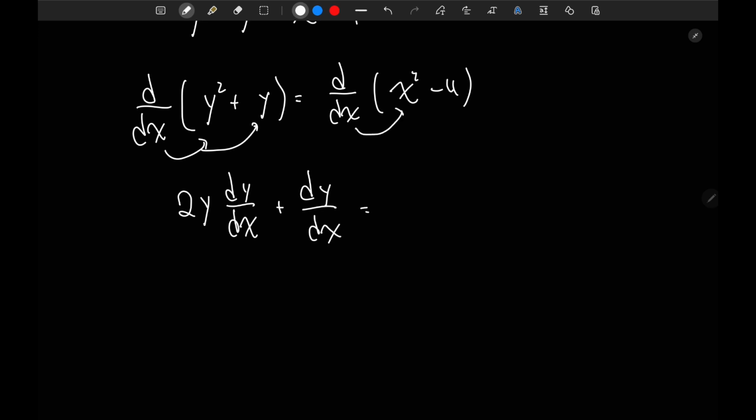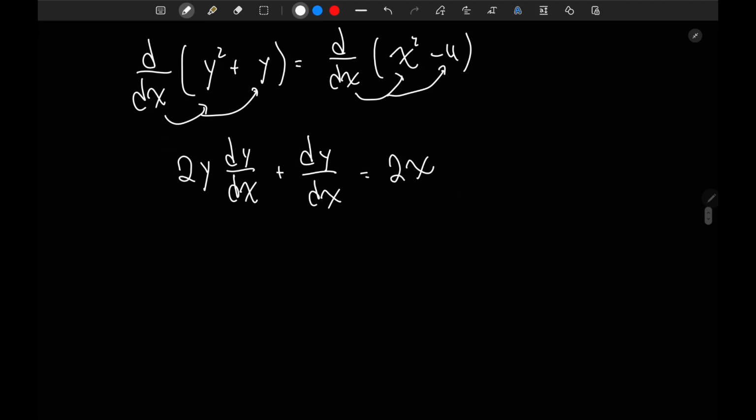Now on the right side, the derivative of x squared with respect to x is 2x dx/dx. And the derivative of negative 4 is a constant, which is going to be 0. And so now we'll just simplify this up here, where the dx/dx simplifies to 1.